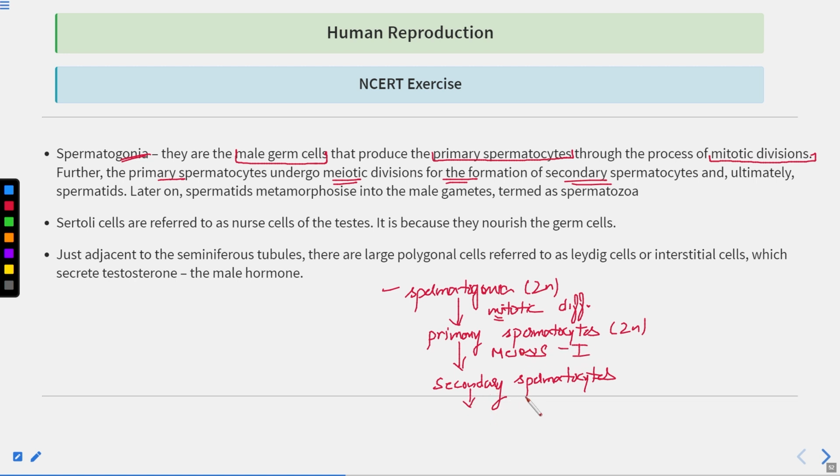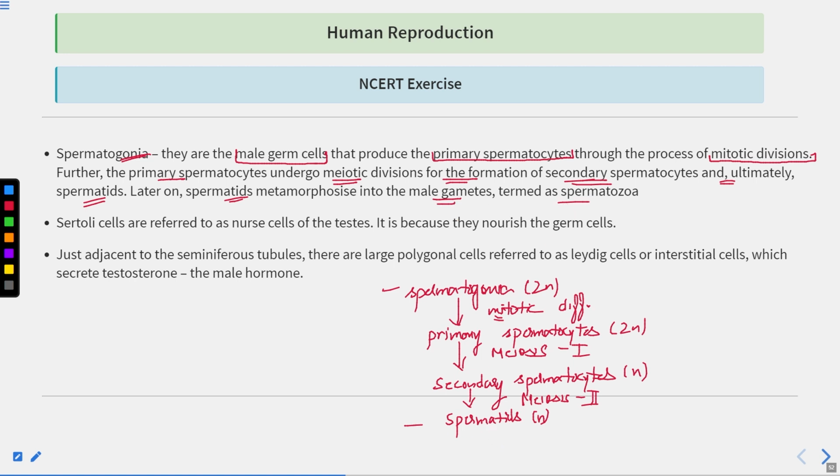Then again, meiosis 2 will take place. Meiosis 2 is the same as mitosis. So what will be produced? Spermatids will be produced, and spermatids will be haploid. So through meiotic division, secondary spermatocytes are formed, and ultimately spermatids are formed, and later on spermatids metamorphose into the male gametes known as spermatozoa.